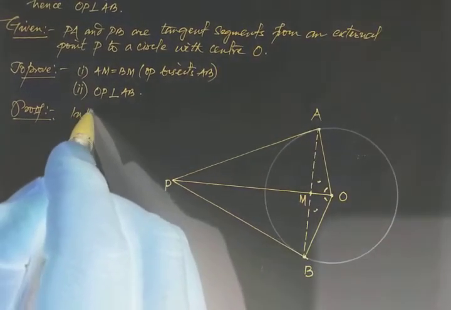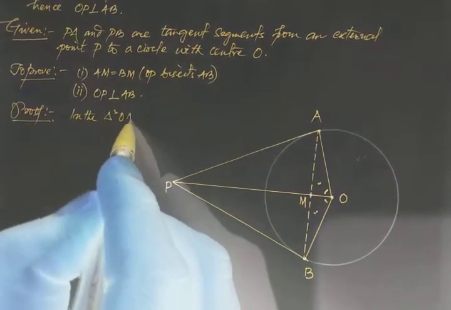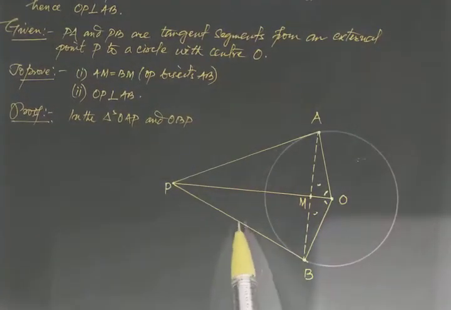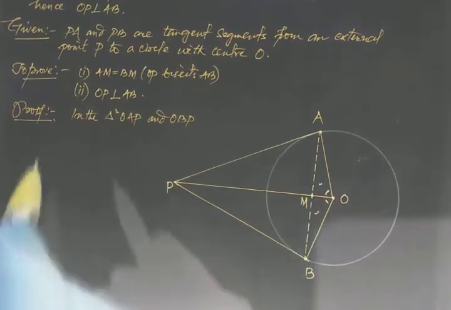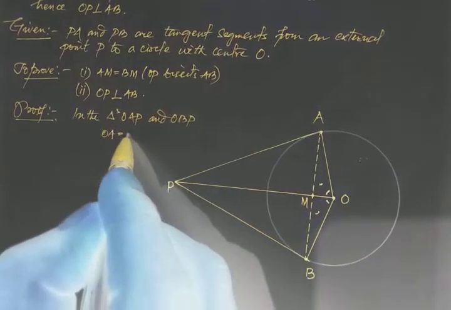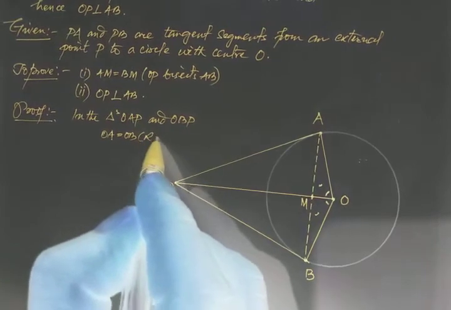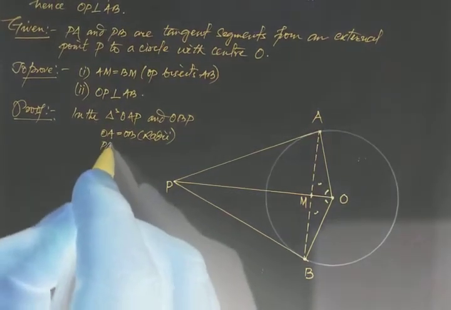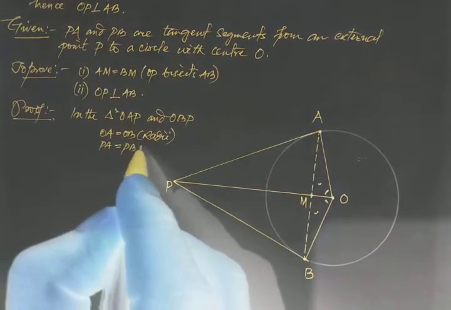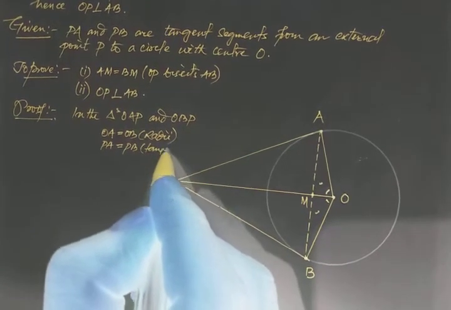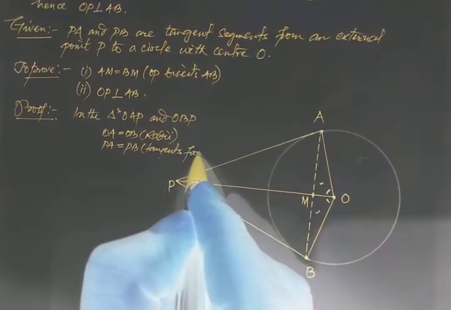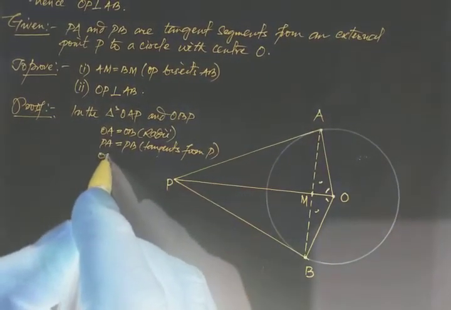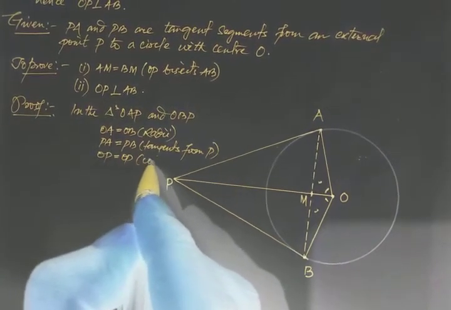So firstly, in the triangles OAP and OBP, OA equal to OB, the reason being radii of the same circle, and PA will be equal to PB because they are tangents to the circle from the same point P. And then OP equal to OP, which is common.